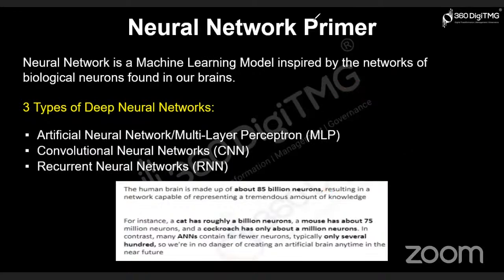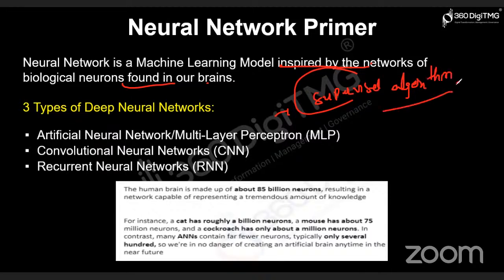Just like that, a neural network is a machine learning model inspired by the networks of biological neurons. A neural network is also a supervised machine learning algorithm, just like the other supervised algorithms that we have in machine learning.